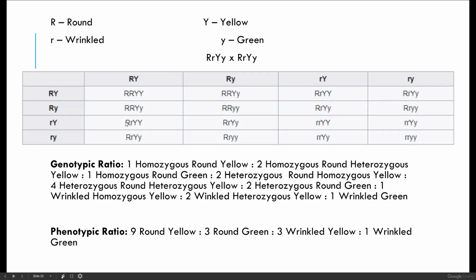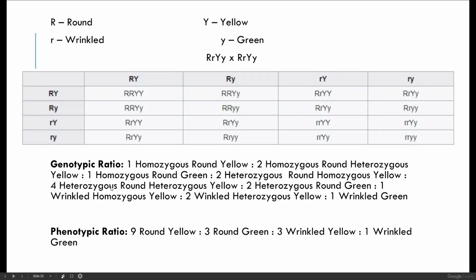So one, and here's the second one, in the second quadrant. You look at my cursor. Heterozygous round and homozygous yellow. Have you seen my cursor? Yes, sir.